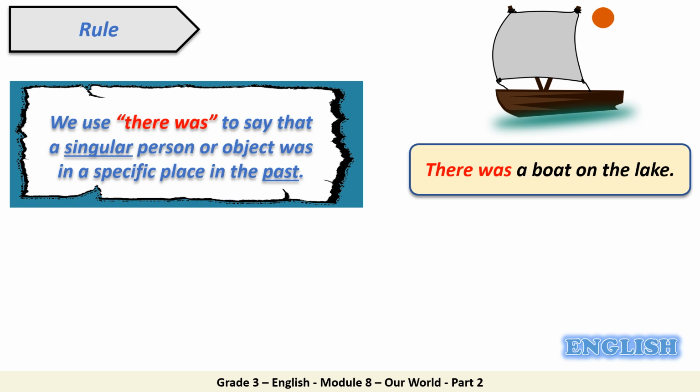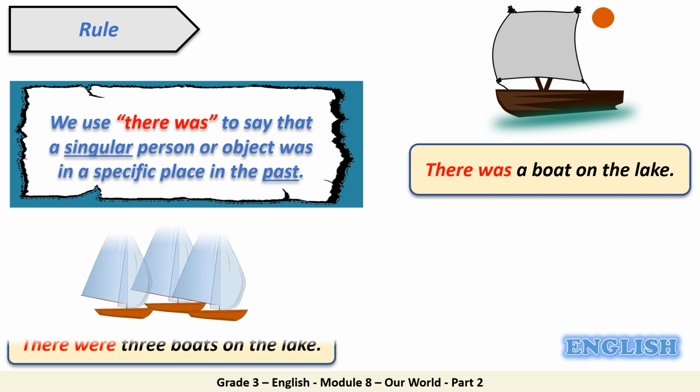Excellent job! Now, let's look at the second example. There were 3 boats on the lake. Can you tell me, when do we use there were? Fantastic! We use there were to talk about objects that are plural.